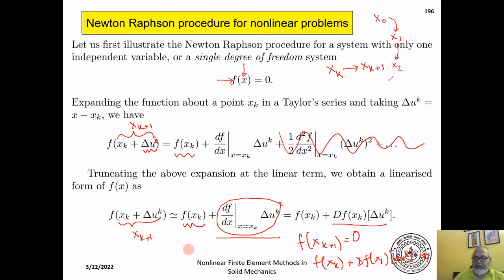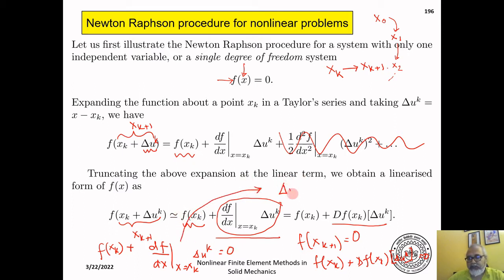We know that in this case this means that f(xk) plus df/dx at xk times delta uk is equal to 0, which leads to the fact that we can now solve for delta uk, which is equal to minus f(xk) divided by df/dx evaluated at xk.